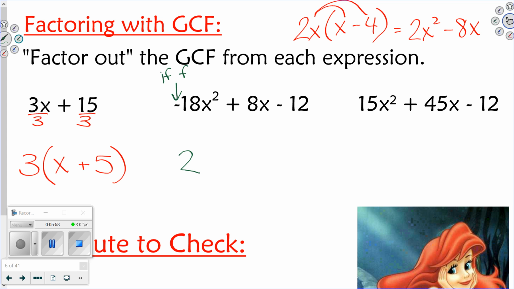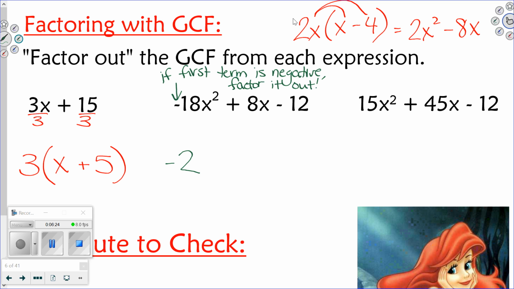If the first term is negative, factor it out. That will help you so much as time goes on. So instead of just taking out a 2, I'm going to take out a negative 2. Okay, if that first term is negative, you need to take that out.